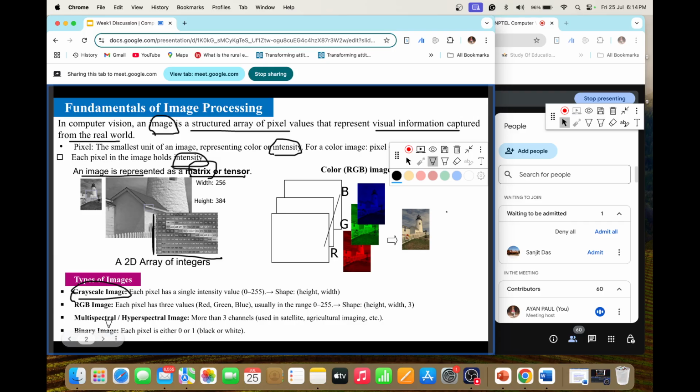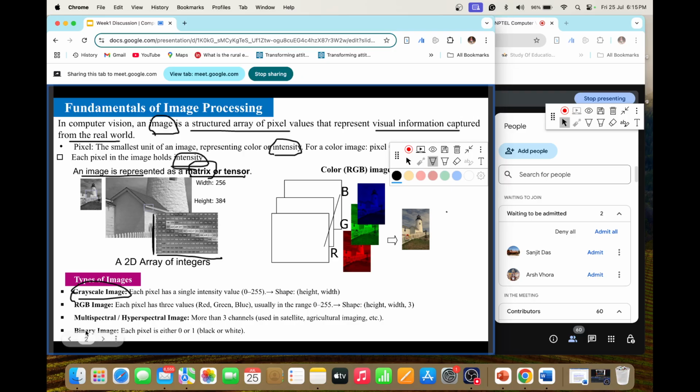Now, how is a binary image a special case of a grayscale image? Because each cell will have a value of either 0 or 255, not 0 or 1, that is, either black or white. 0 means black, 255 means white.